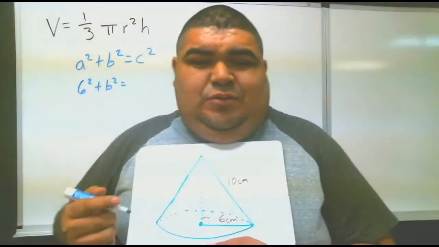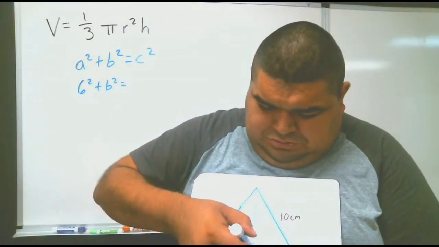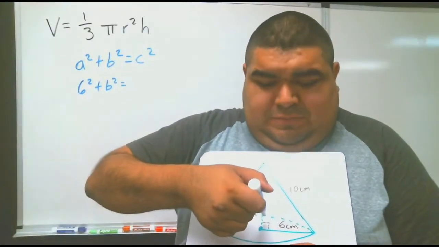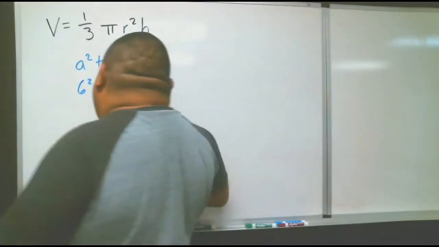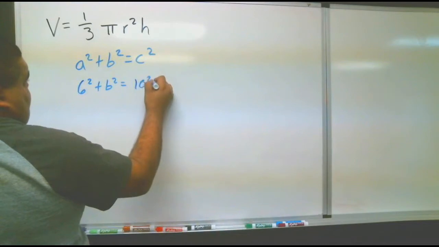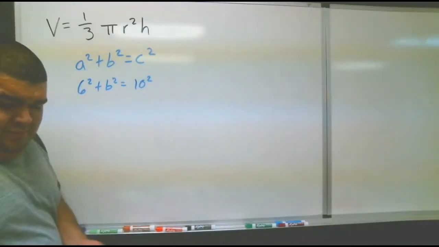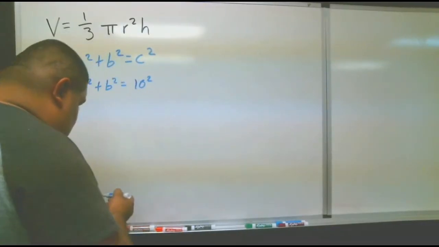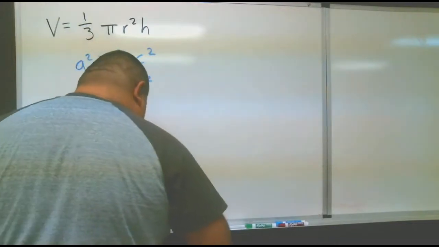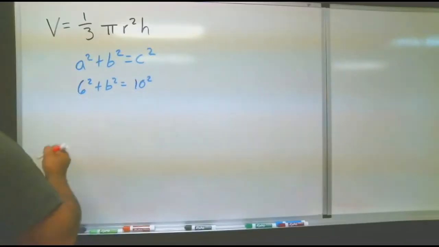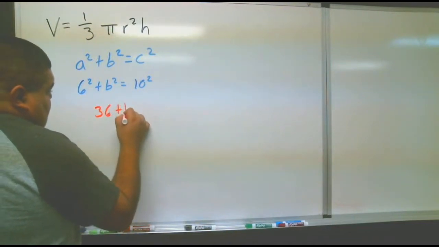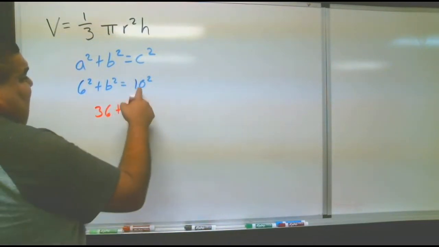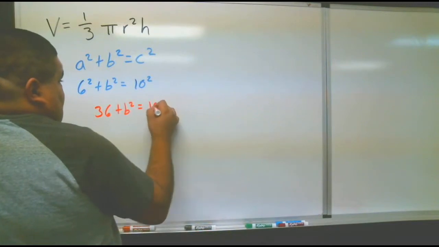Remember, C is always your hypotenuse, always across from the 90-degree angle. In this case, 10, so 10 squared. 6 times 6 is 36, plus B squared equals 10 times 10, which is 100.